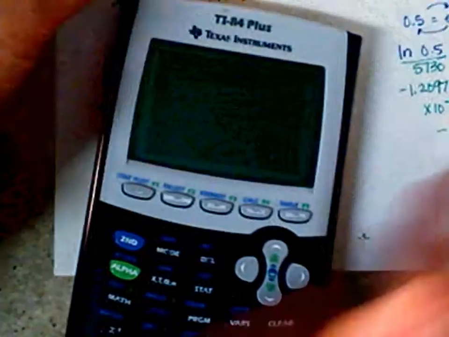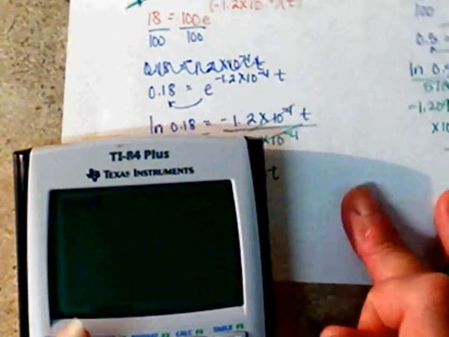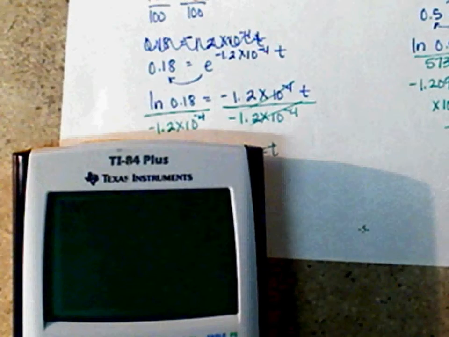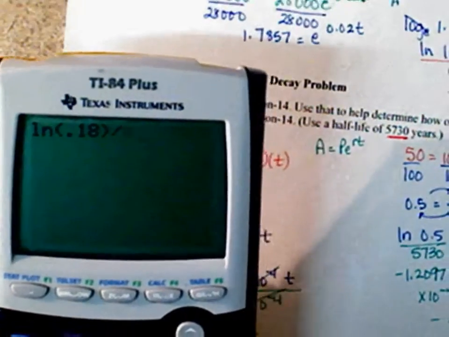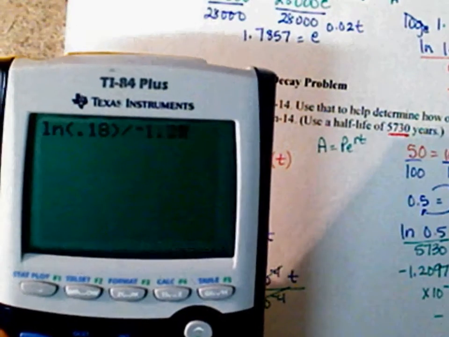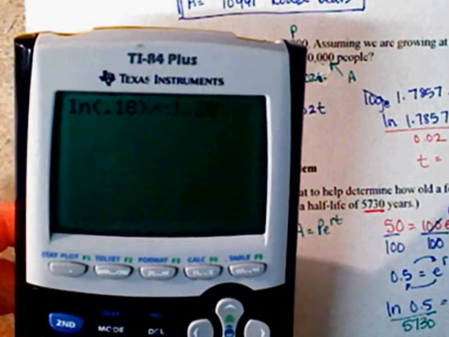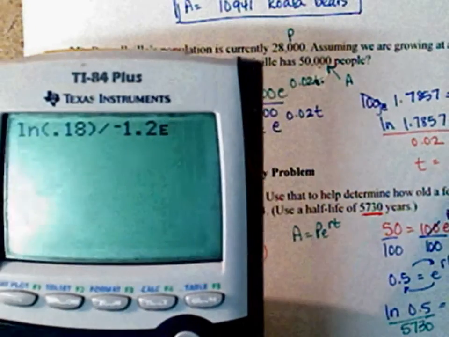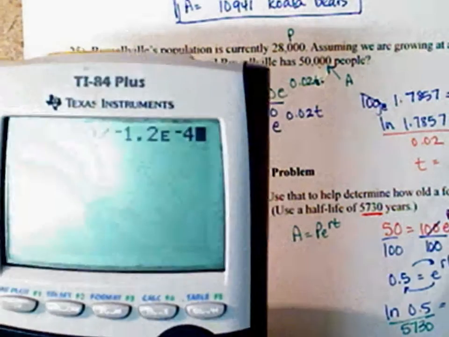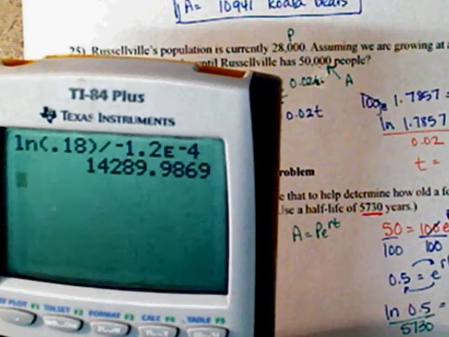Okay, so you're going to take natural log 0.18, see that right there, divided by negative 1.2, here's your EE button right here, alright, that's times 10, right there, there you go, times 10 to the negative 4, and that's how you type that in, just like that.